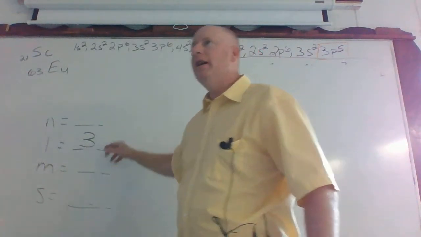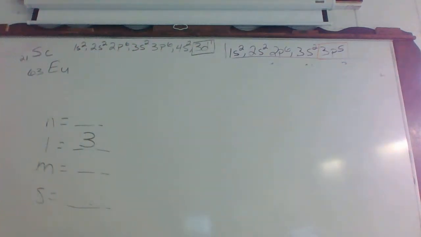Okay? Then the next thing you can do to help yourself out is just by knowing what period it is. Now you got to be careful when you look at the periodic table because, according to your slide rule, where is the first F block? There is no such thing as 7F or 6F.